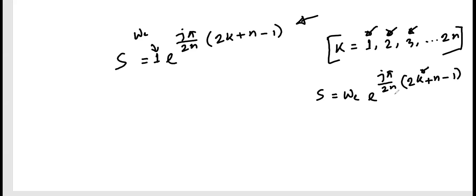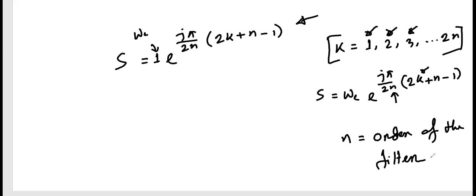However, the value of n will remain constant for a particular system, where n equals the order of the filter. So the order of the filter is known to us. If the order of the filter is known, k is also known. And we already found the value of omega c, so we can find the pole location very easily.